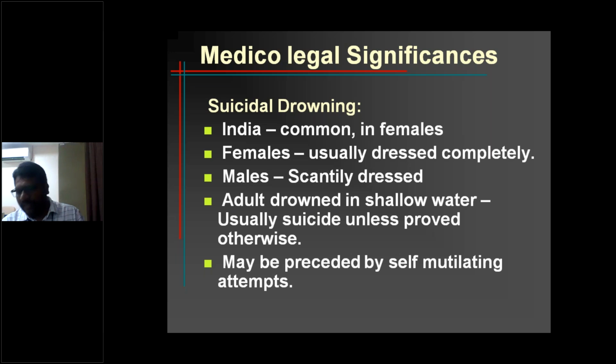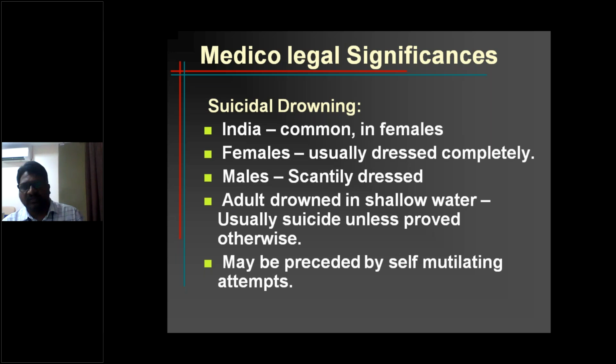The attempts are on the hand, you can observe them over the wrist joint, or any injuries over the throat. So previous attempts you can observe in suicidal cases, and you have to ask the relatives about the personality of the person who died by suicide.